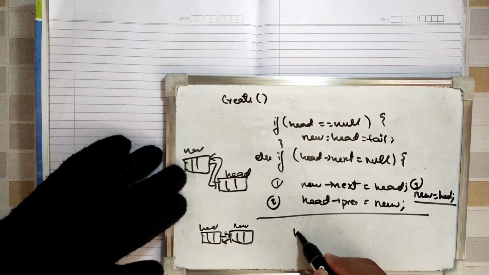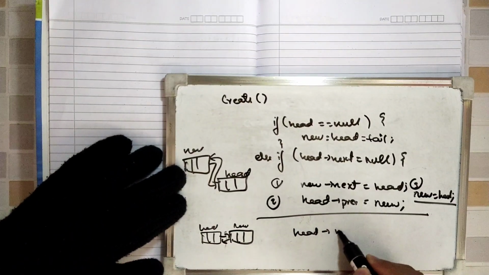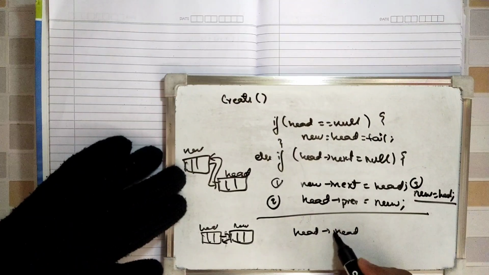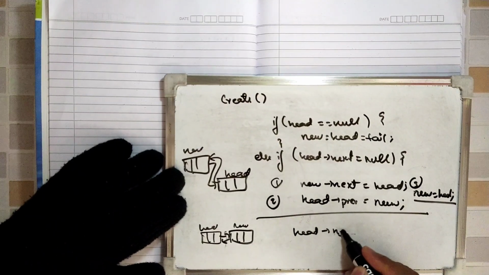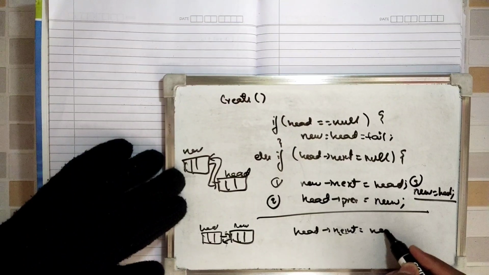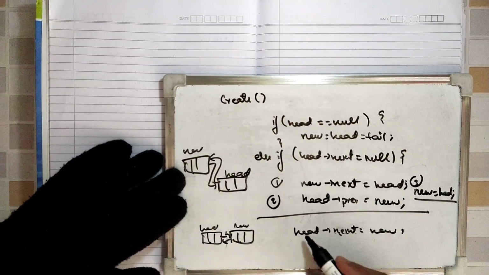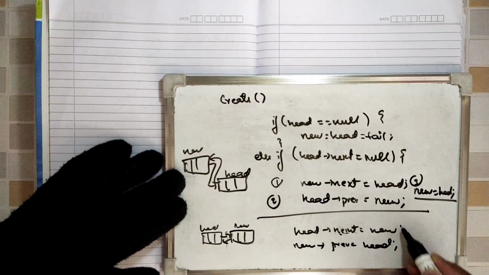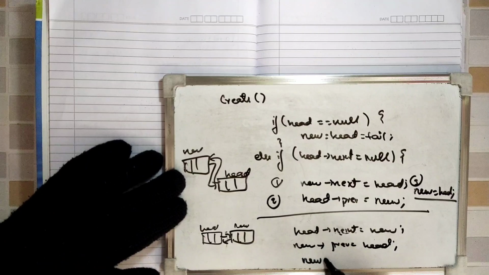So head of next I will write, same thing, just change this new with head, head of next equals to new. Then new of prev equals to head I will write. Then I will write new equals to tail.